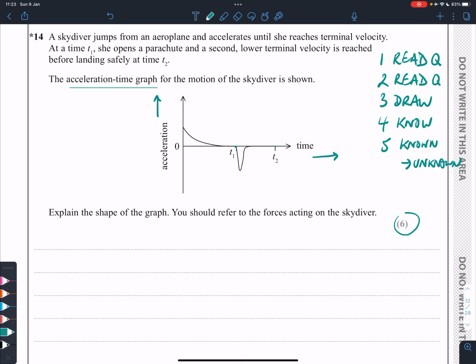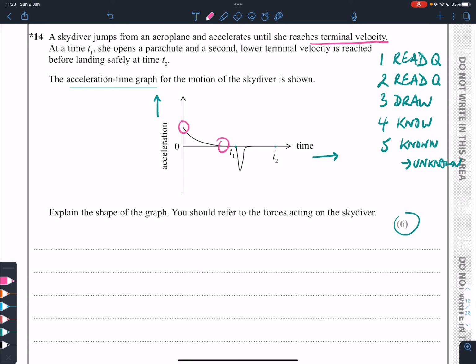Right, so that's steps 1 and 2. Now we're going to draw it. First of all, we're going to put the information at the various stages. This beginning is important. Then this is an important thing because at this point the acceleration has gone to 0, which means that this is the first time she reaches terminal velocity.